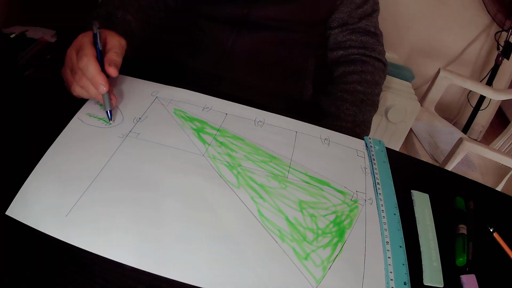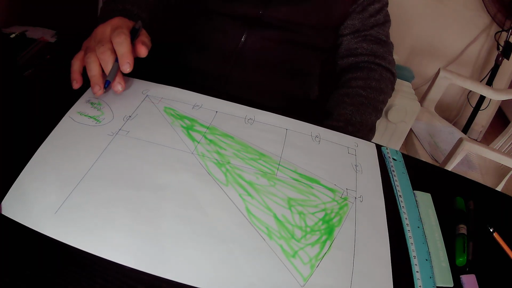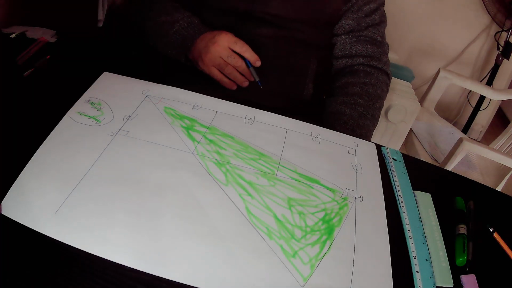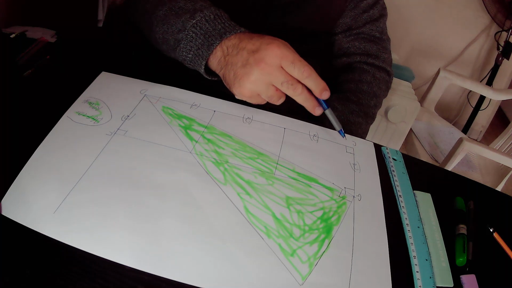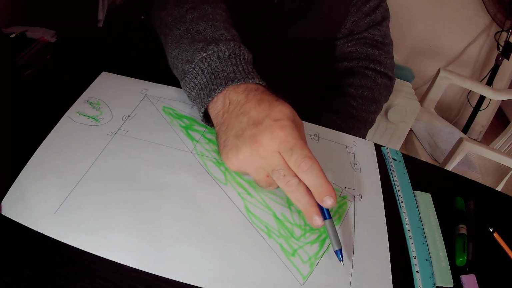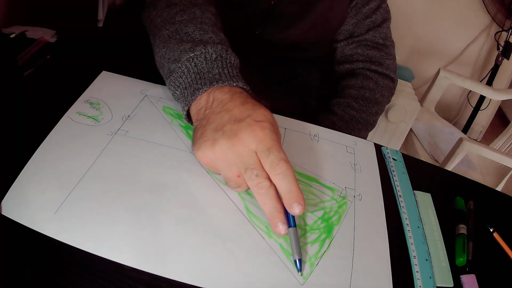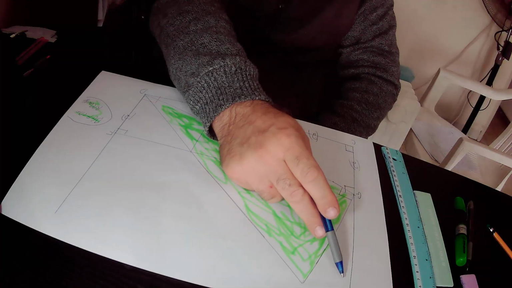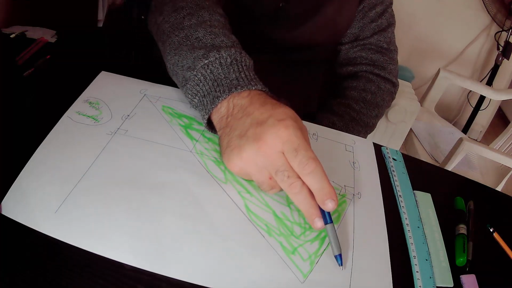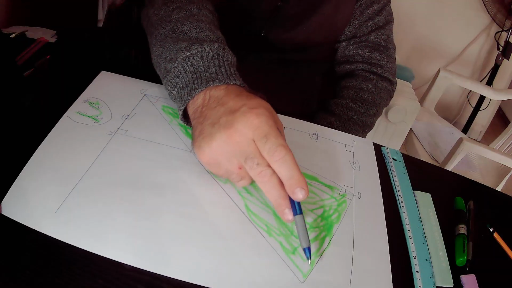In the next step, we will do a construction. That is to say, we will draw on this straight line a perpendicular in such a way that it will pass through this vertex of this green triangle. And again, we will draw a perpendicular at this straight line in such a way that it will also pass through this vertex.